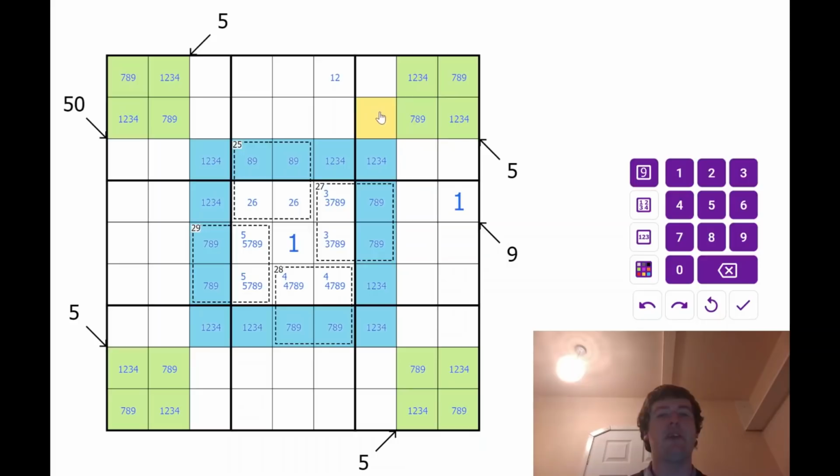And for exactly the same reason, these two squares have to contain different values. They can't both be 1s, and they can't both be 2s. And that means that actually this square can't be a 1. Because if this square were a 1, we'd eliminate 1 from both of these. That would make this 5 a 2 plus 3.